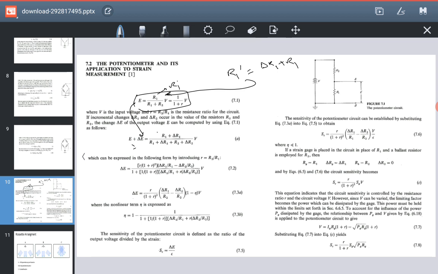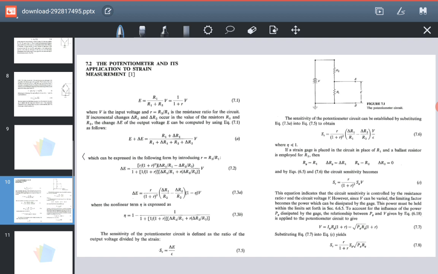what I'm going to do is simply put this E over here, and I will put its value as E equals R1 upon R1 plus R2 into V. Okay, so I will eventually get this equation. So this is the simplified form. Okay.